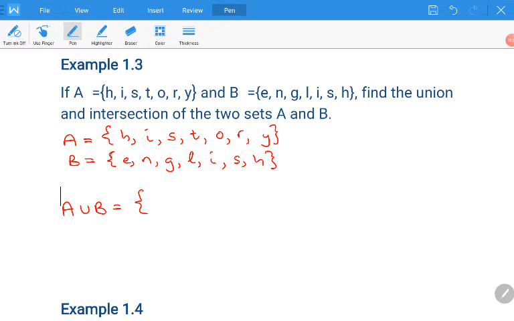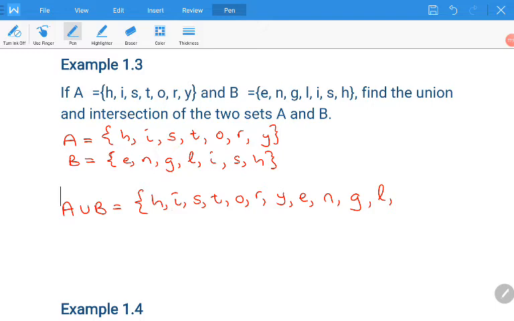So again, I will first consider the elements of set A. So we have H I S T O R Y. Then I also add E. I'll also add N. I'll also add G. I'll also add L. There's no need for me to add I because it's already in.